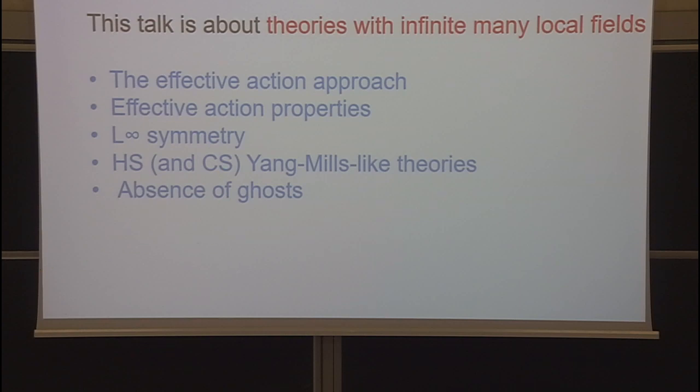And then I will talk more specifically about what I call higher spin Yang-Mills-like theories, and comment about their properties, and finally argue that these theories are well behaved and do not contain ghosts in particular, because the problem of all the alternative theories of gravity as usual is the presence of ghosts.